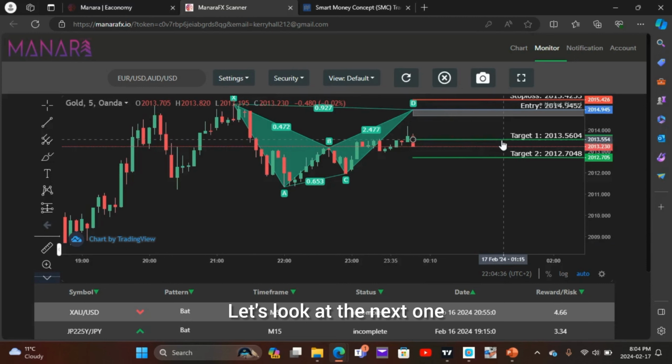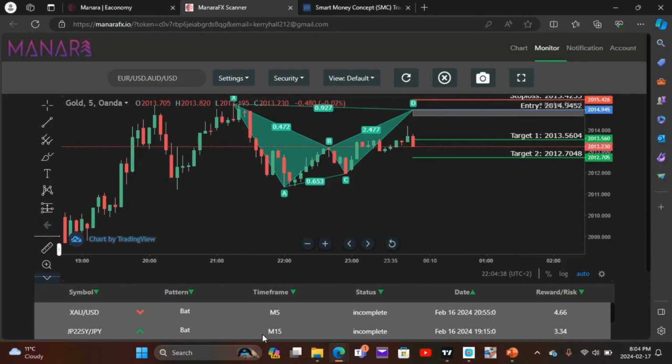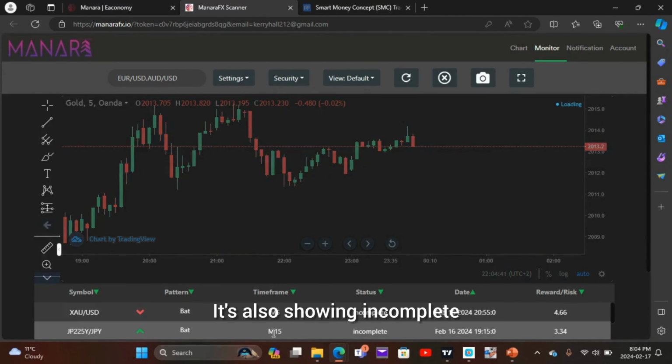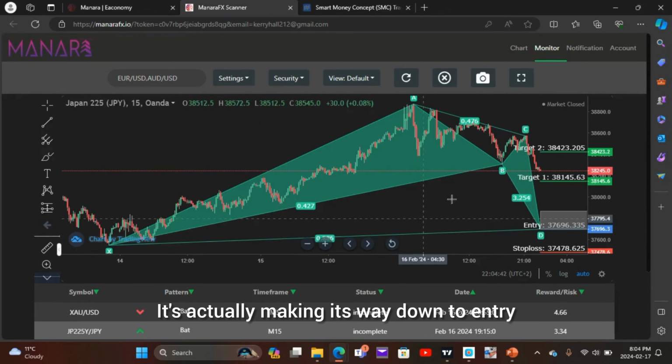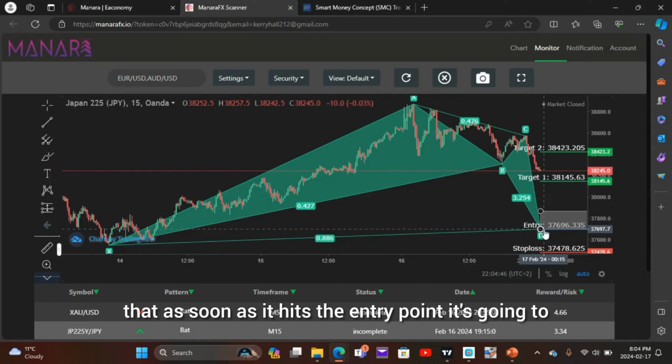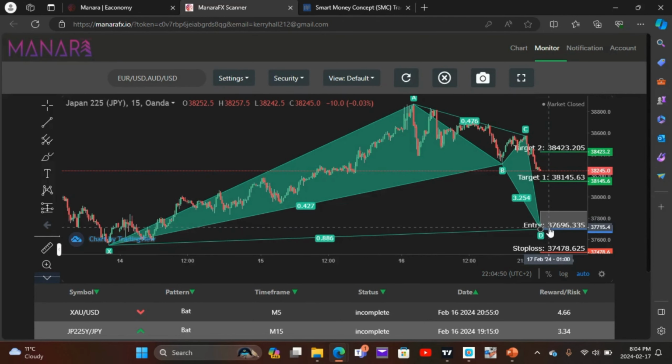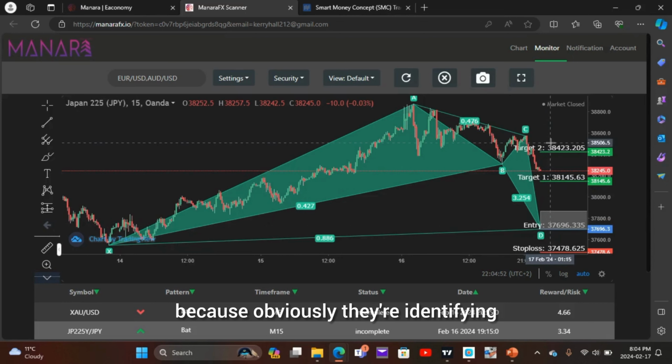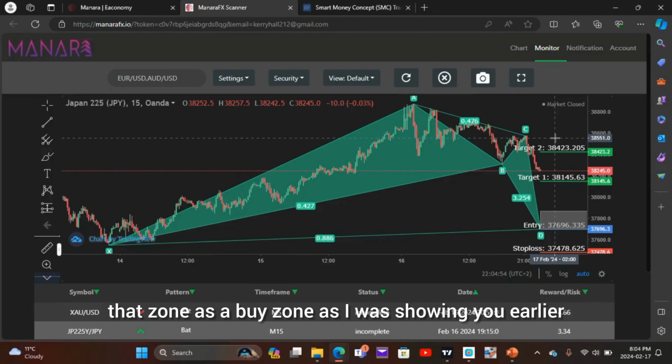Let's look at the next one, which is the Japan 225. It's also showing incomplete. It's actually making its way down to entry. And Manara is expecting that as soon as it hits the entry point, it's going to retrace with the buy, because obviously they're identifying that zone as a buy zone, as I was showing you earlier.